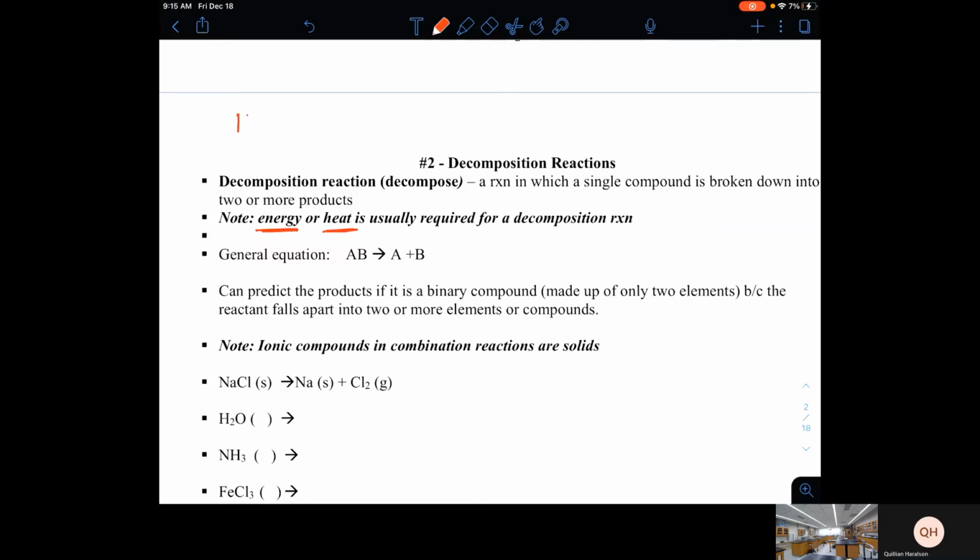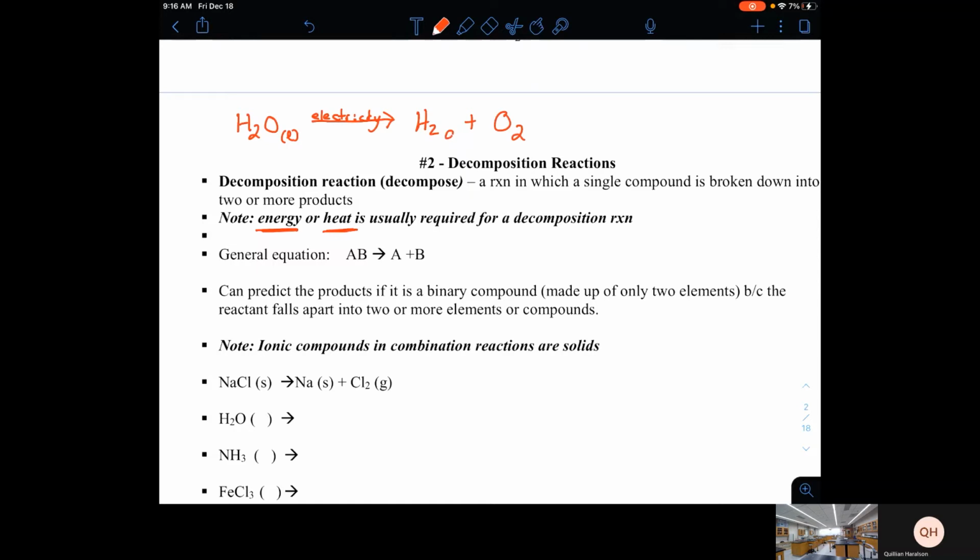In your notes, you'll see that you have H2O, in this case as a liquid. And then you'll have an arrow, and over top of the arrow you'll have electricity, and then it's going to say it produces H2 plus O2.